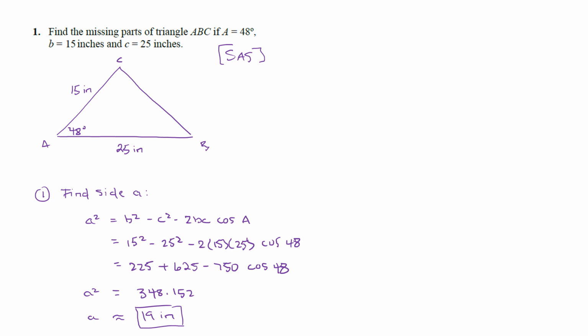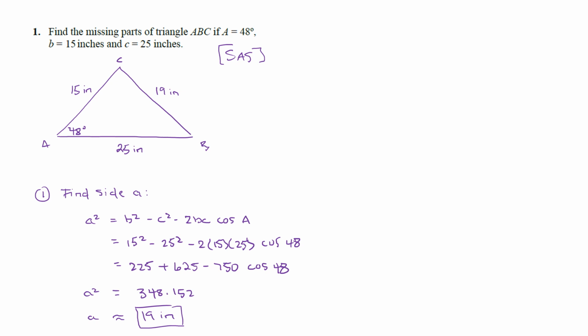Well, we know that side A is 19 inches. That would mean angle B would be the smallest angle, and angle C would be the largest angle.